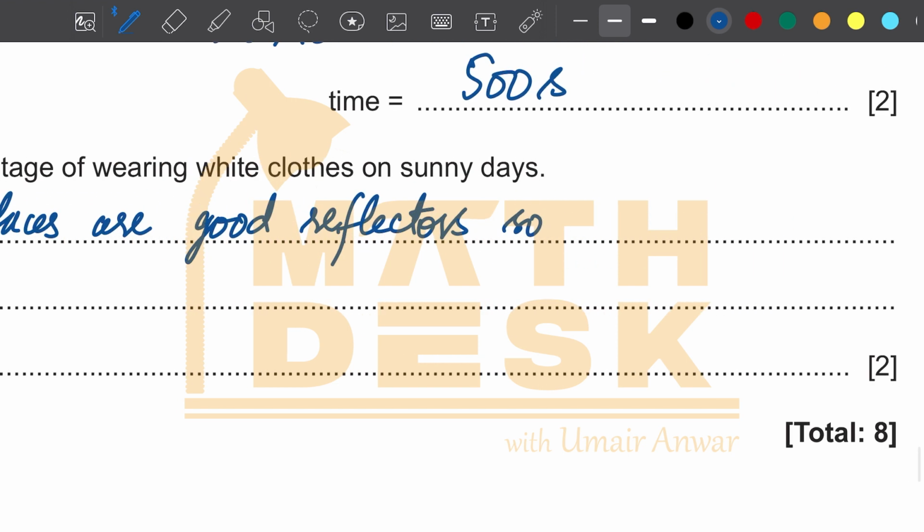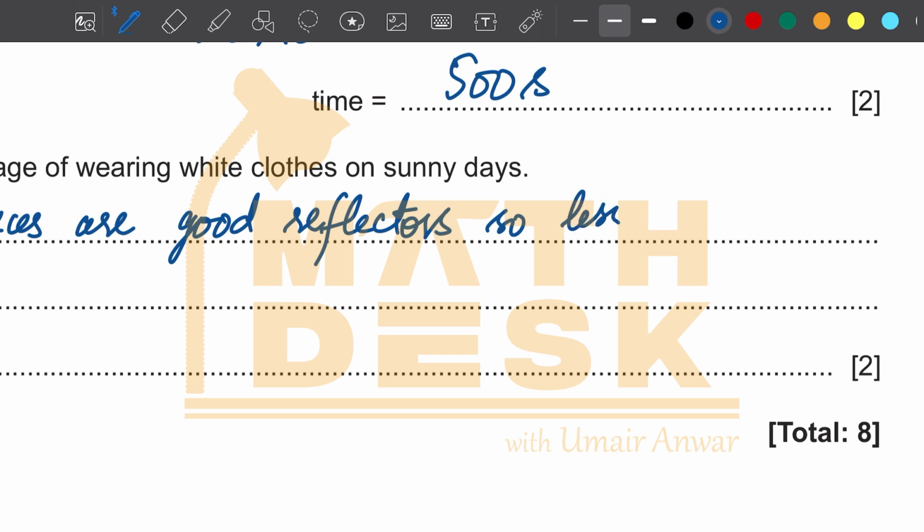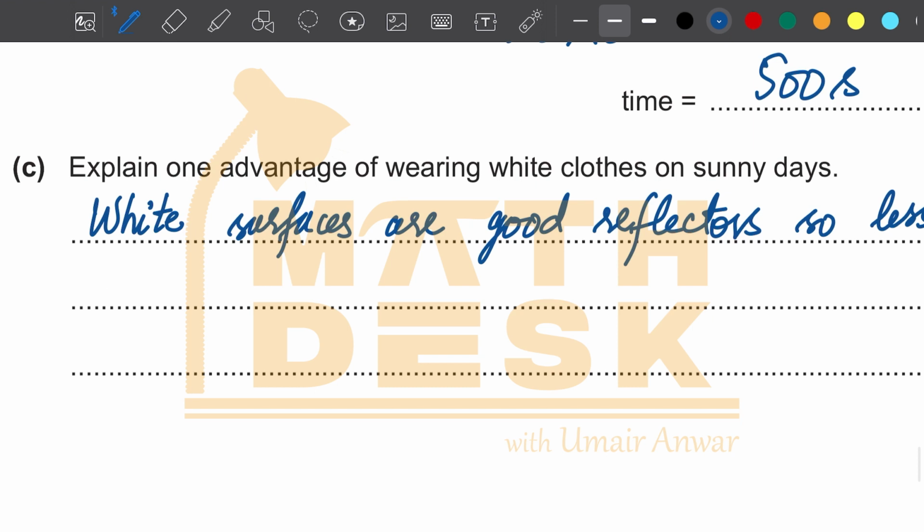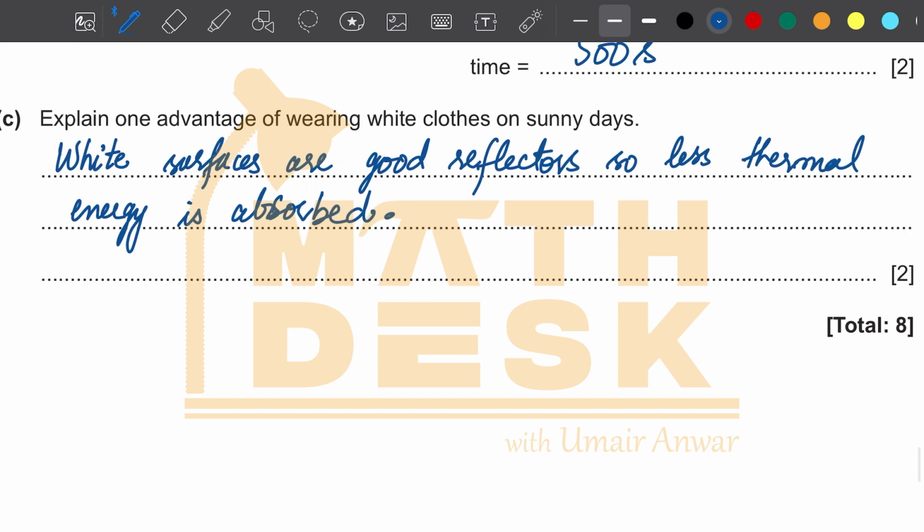So less thermal energy is absorbed. That is why it is good to wear white clothes in sunny days to avoid the absorption of heat in the clothes. So the question ends here with this part.